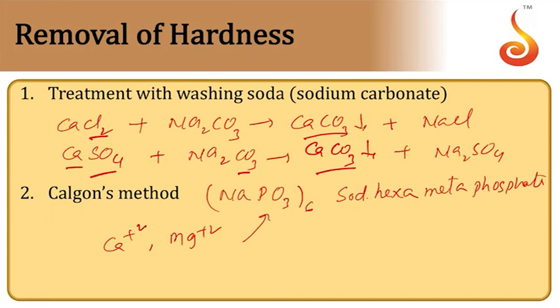That way calcium and magnesium ions can be removed. So Calgon is sodium hexametaphosphate, (NaPO3)6. The calcium and magnesium ions present in hard water will form a complex with it, and therefore they can be removed.